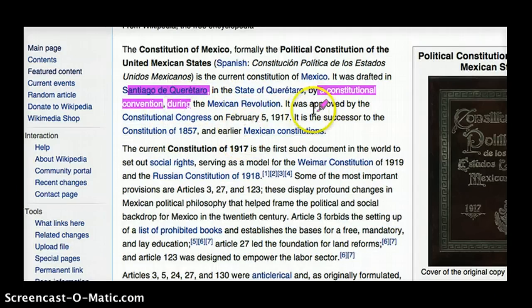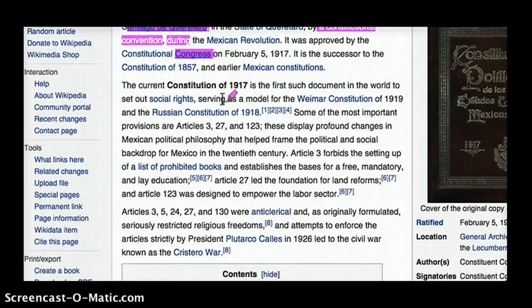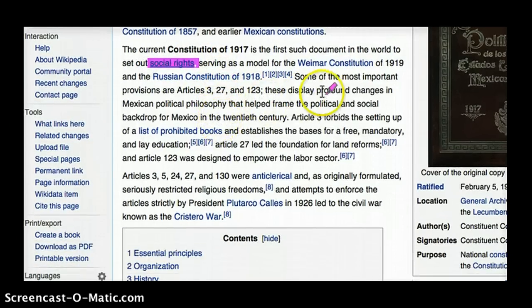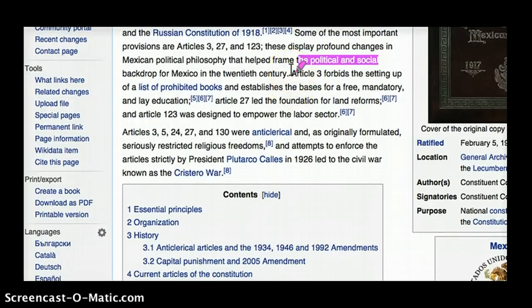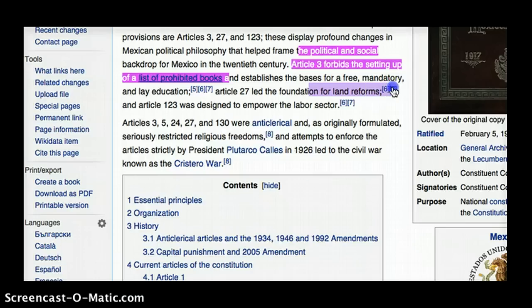It was written during the revolution, and it was approved by the Congress, and it gave people social rights and a new political and social backdrop, which is kind of like the rights. So I see that it did not allow people to still sell books that are not allowed. So that's interesting. But it led to the new reforms, which means it changed things, and new economic rules.